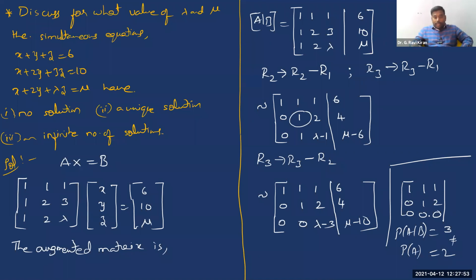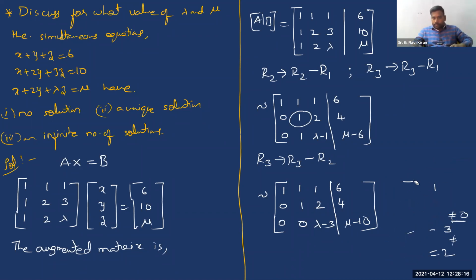Right? See, when can we get this element as 0 and this element as non-zero? We'll get this element as 0 when lambda is 3, and we'll get this as not equal to 0 when mu is not equal to 10. So that's our first case to get no solution. So they are the values of lambda and mu. I'm just writing that in the next slide, you see.